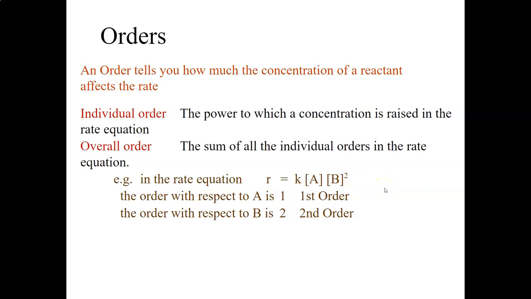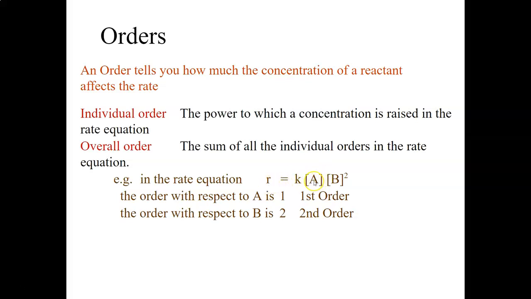Now, some thinking out loud here. If A is, let's say in our first experiment, 2, and we do another experiment and we use its concentration as 4, I've doubled A. The fact that there's no power here means that A is directly proportional to the rate.